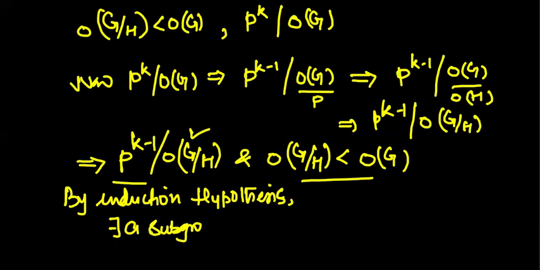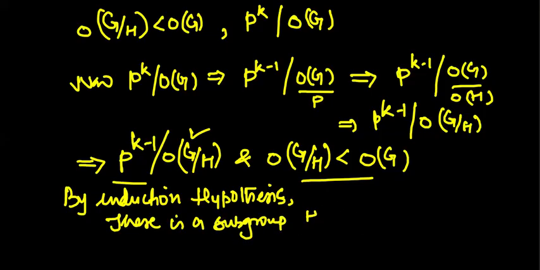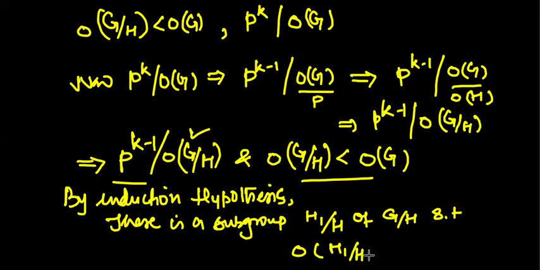So this means G mod H has a subgroup H1 by H of G mod H such that order of H1 by H is equal to p raised to power k minus 1.